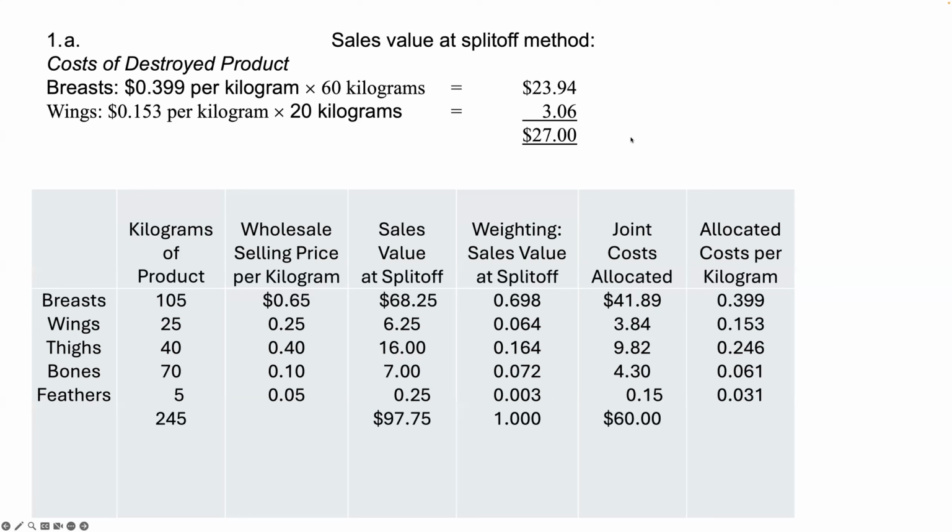So basically this calculation shows that the total joint cost allocated to those items being destroyed is $27, for which the company would pursue a reimbursement.